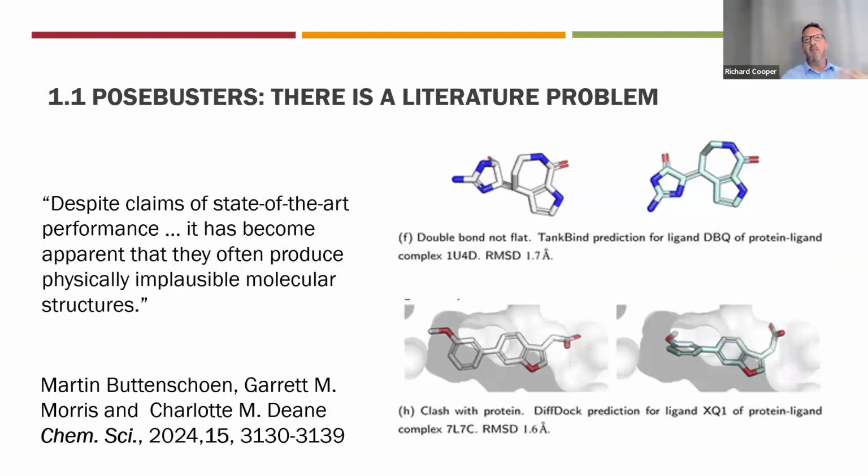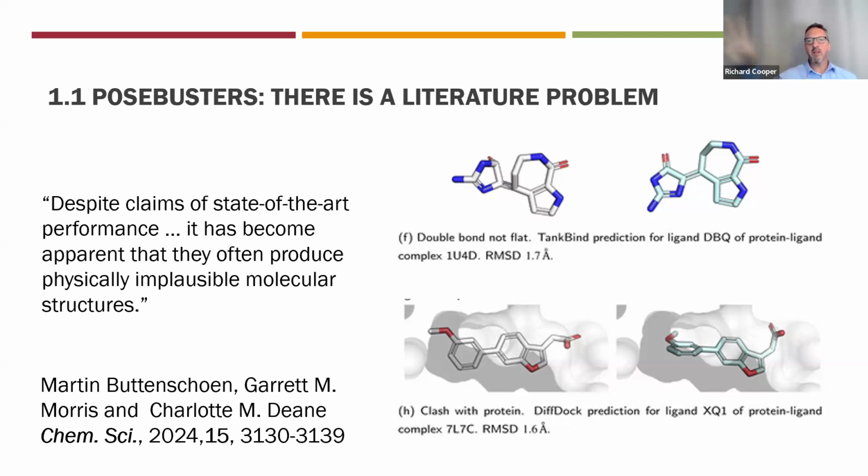And when you dig into the results, you find, or that they found, Martin and Garrett and Charlotte found, that despite these claims of state-of-the-art performance, there's still a lot of nonsensical stuff coming out in the docking poses. They often produce physically implausible molecular structures, and there's a lot of these in the paper.